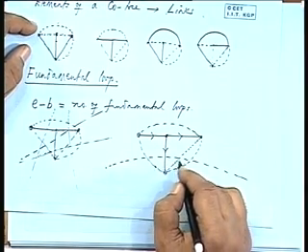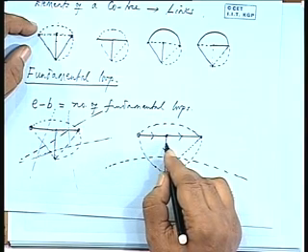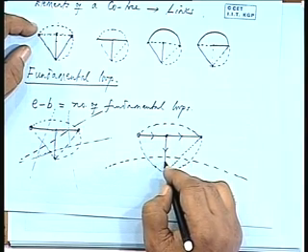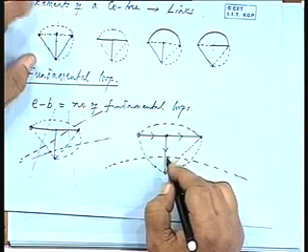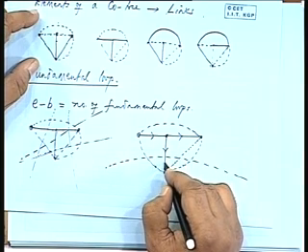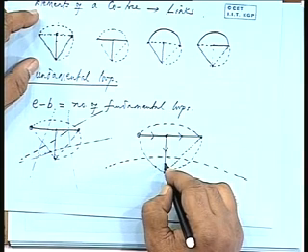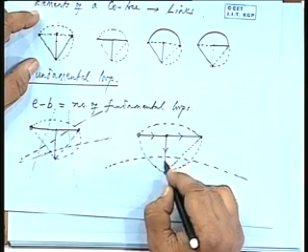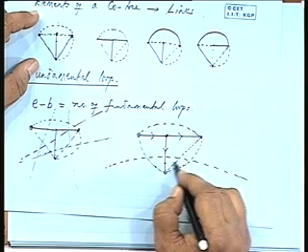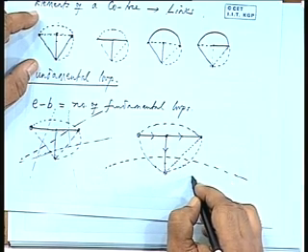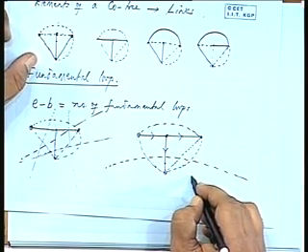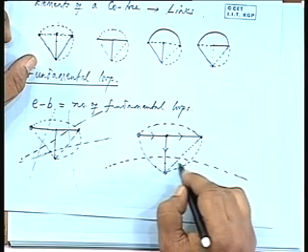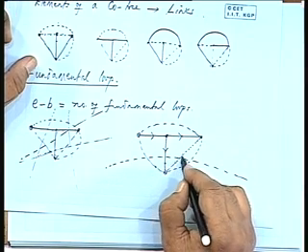We shall be associating a positive direction to the cut set, particular cut set, according to the direction of the tree element. So this particular tree element is having this direction, so this direction will be taken as positive for the cut set, okay.